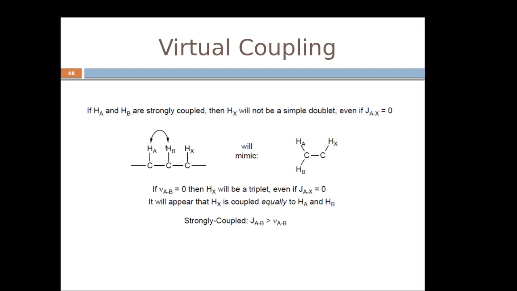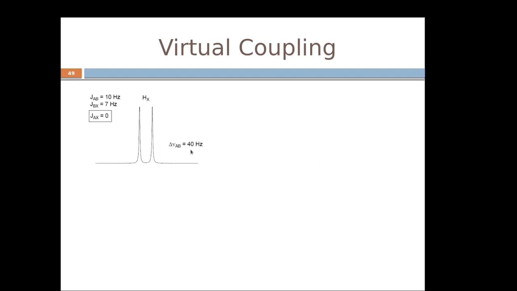So we would expect a doublet pattern for the X nucleus, but rather we see a doublet of doublets pattern, as if X couples with both the B nucleus and the A nucleus. Here both A and B are very strongly coupled nuclei. That means they are chemically equal and resonate at the same frequency. So coupling happens by virtue of having the B nucleus as an intermediate nucleus between the A nucleus and the X nucleus.